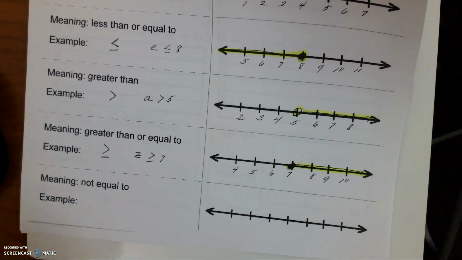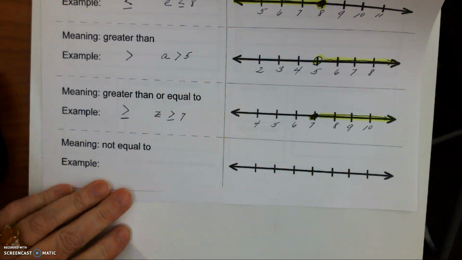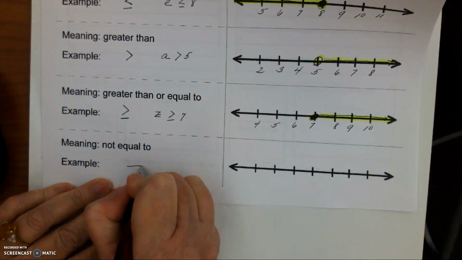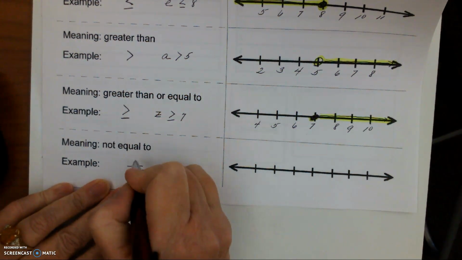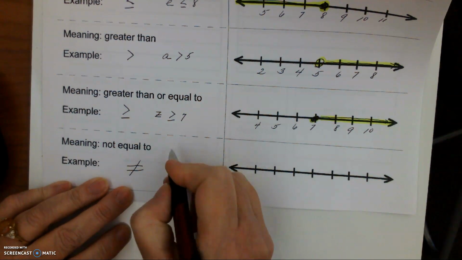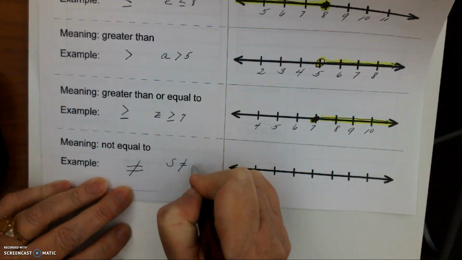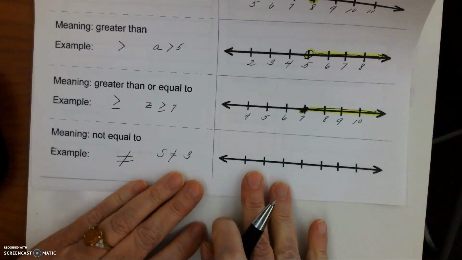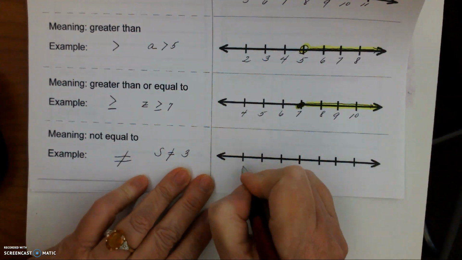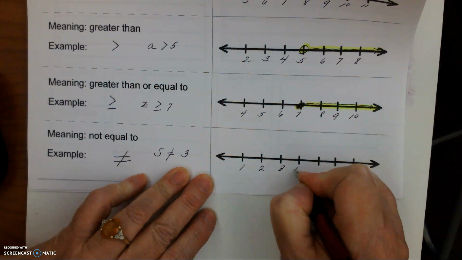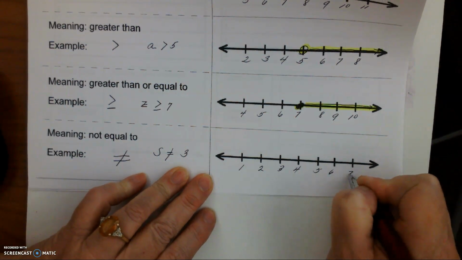Now the next one is not equal to. It is like an equal sign with a slash in it. So S is not equal to 3. So now this one, you go 1, 2, 3, 4, 5, 6, 7.